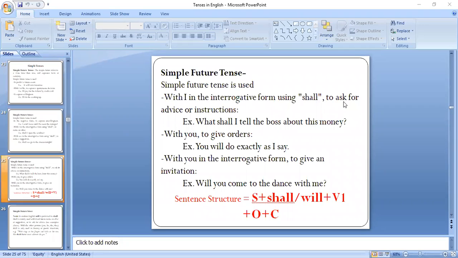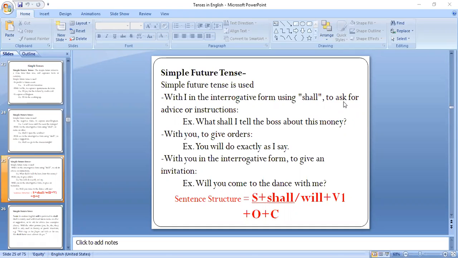So when we use interrogative sentences, when we are questioning someone, we also use the simple future tense. For example, what shall I tell the boss about this money? What shall I tell the boss about this money?